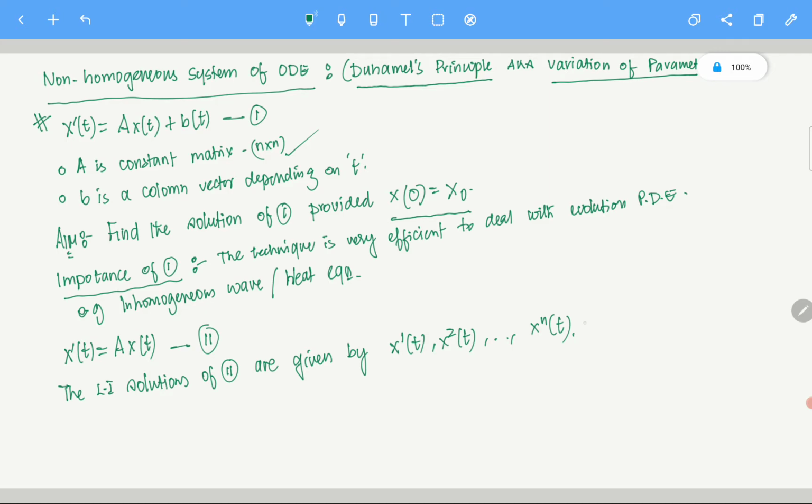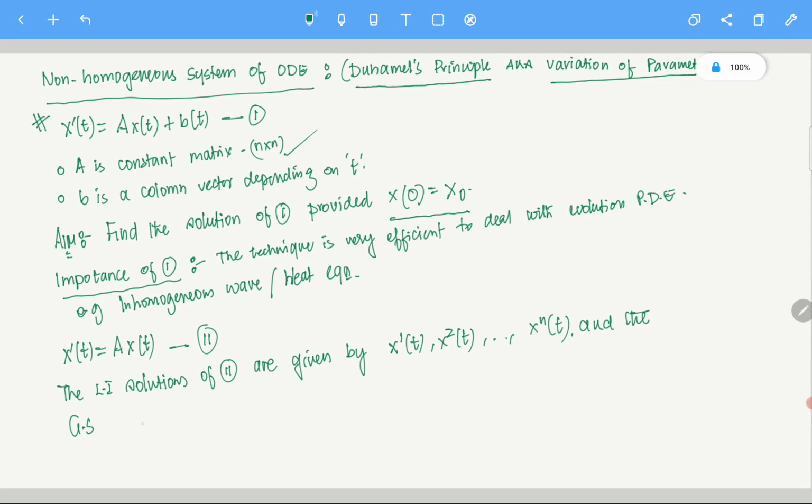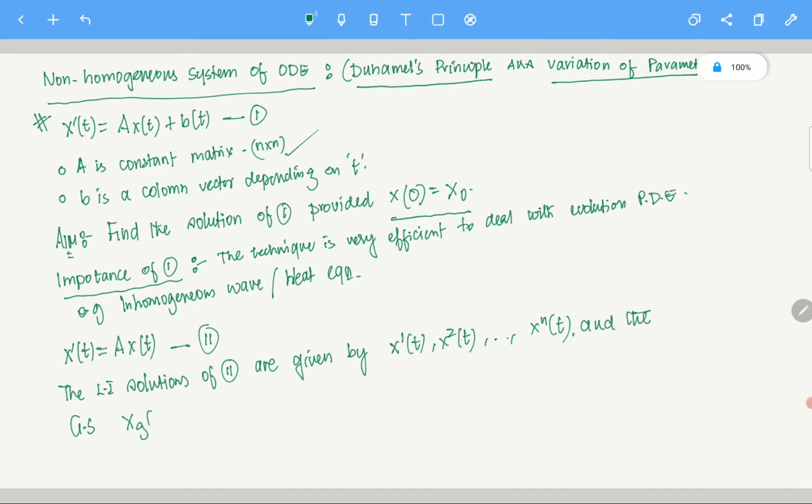And the general solution, how do you write the general solution? Let's call it xg of t. You can write it as c1 times x1 of t plus up to cn times xn of t.